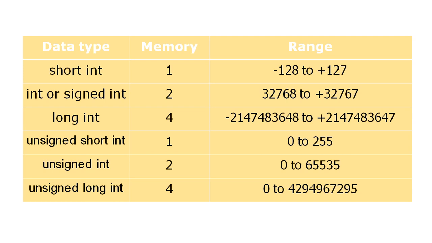It means the first bit in the memory is taken for sign. Unsigned means there is no need to reserve that bit for sign.